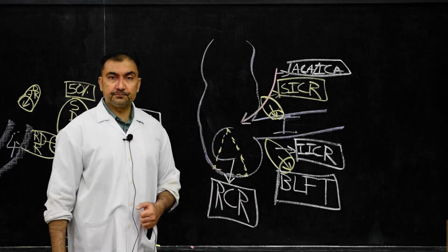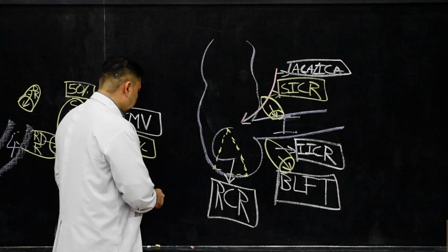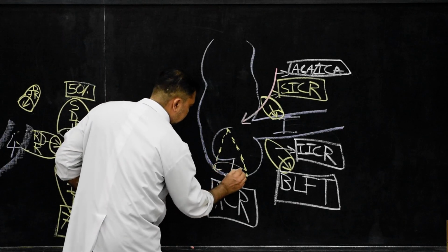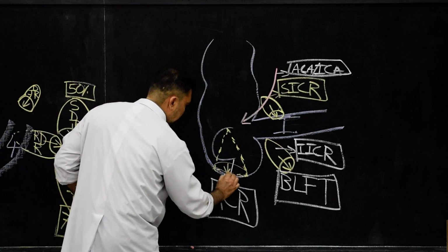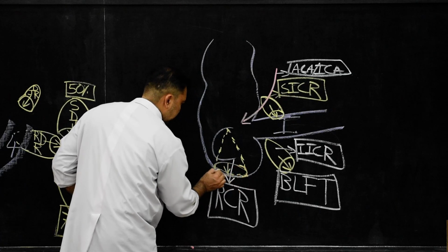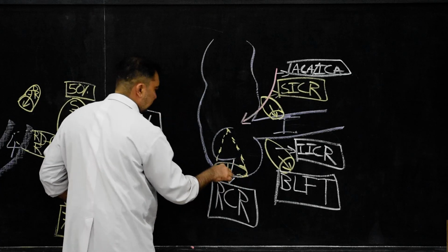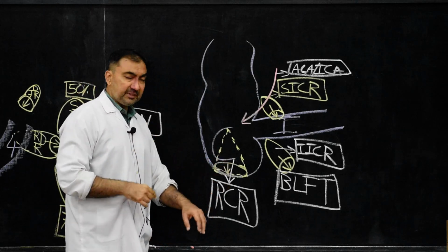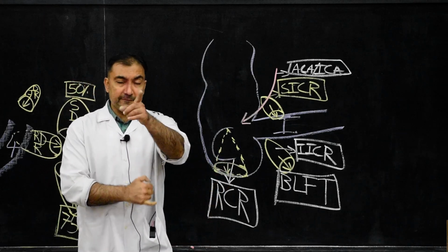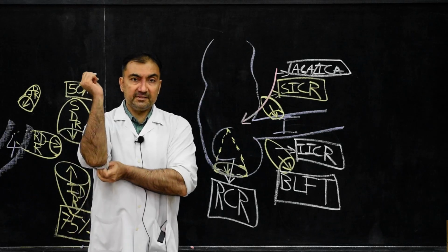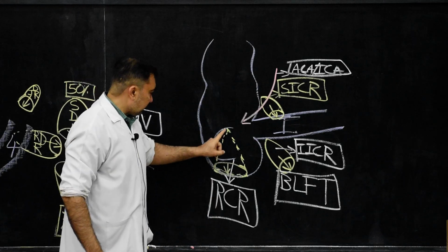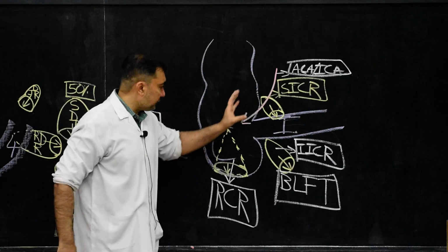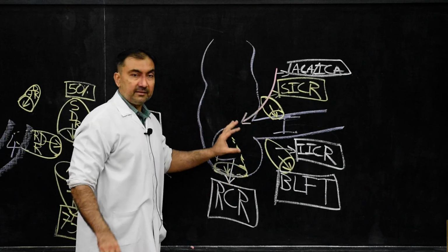The orifice of this will be facing downwards. What is present in this retrocecal recess? Sometimes there is the presence of the appendix, the vestigial structure. So here we finish all the 3 cecal recesses.